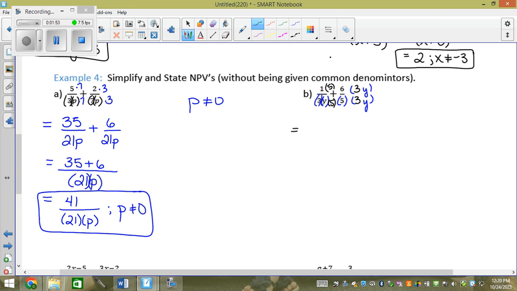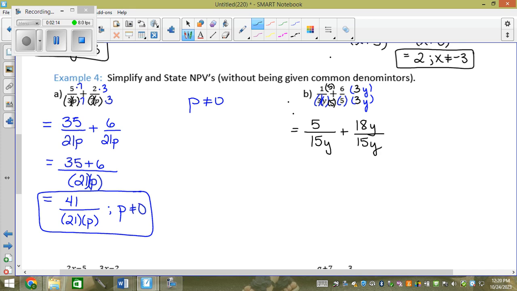So I get 1 times 5, which is 5 in the numerator. Then we put our denominators together if they're monomials. So 3 times y times 5 is 15y, plus 6 times 3y is 18y, over 5 times 3y, which is 15y.